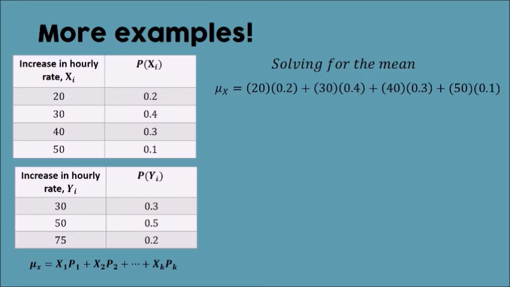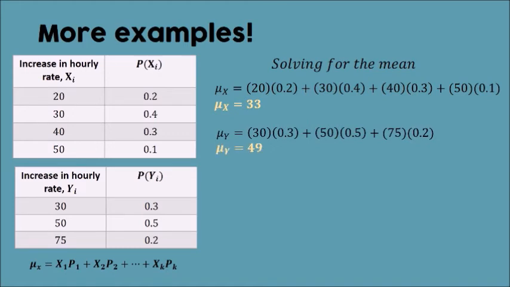Mean is equal to 20 times 0.2 plus 30 times 0.4 plus 40 times 0.3 plus 50 times 0.1. Press enter on your calculator and you get 33. For the second table, do the same. Substitute the values and we get the mean, which is equal to 49.